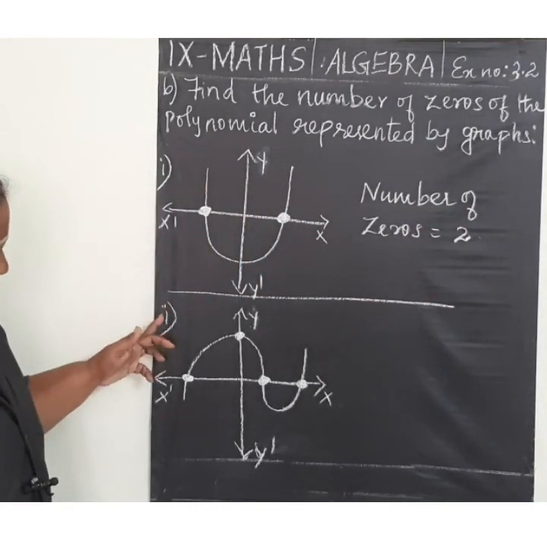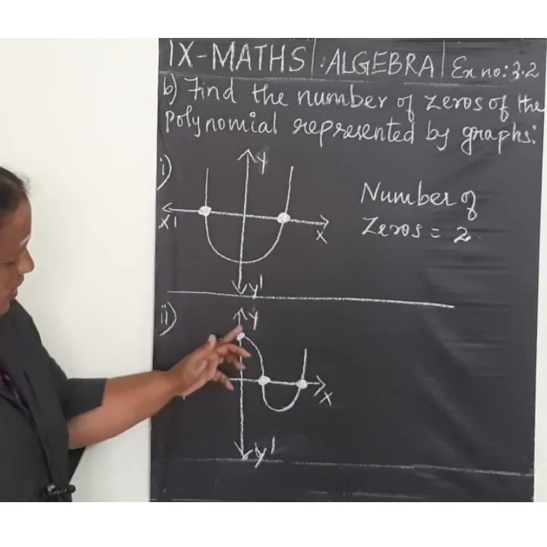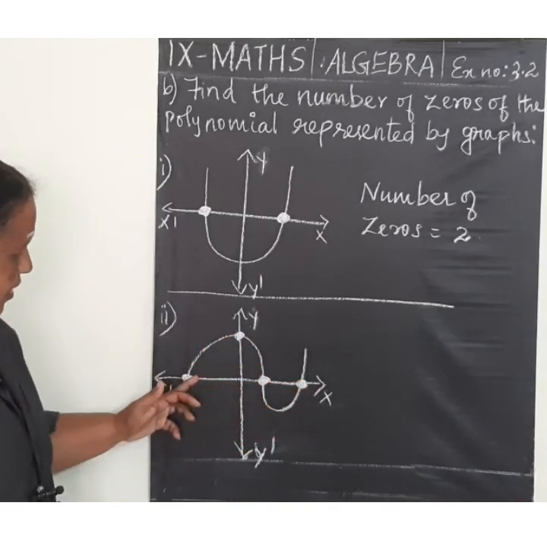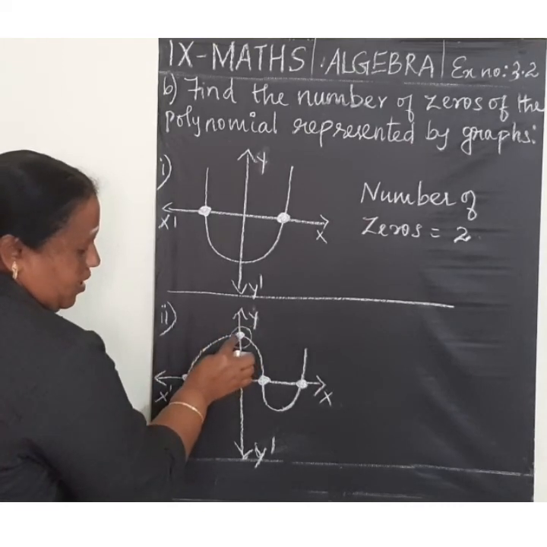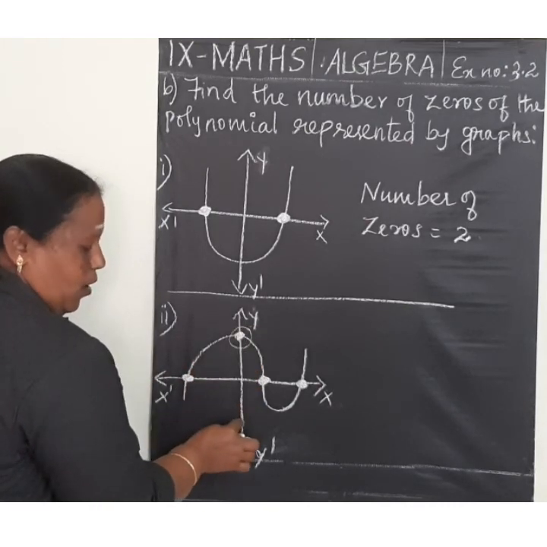Next, second subdivision. Here the curve touches the x-axis at 3 points. We don't take this point because this point touches the y-axis.